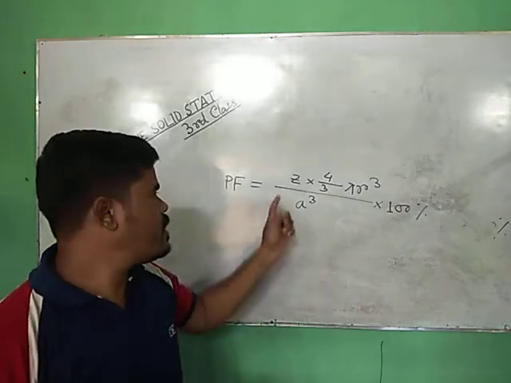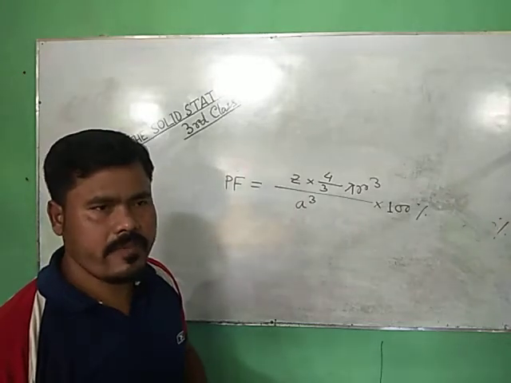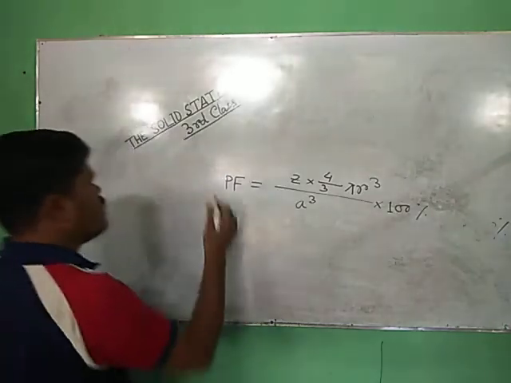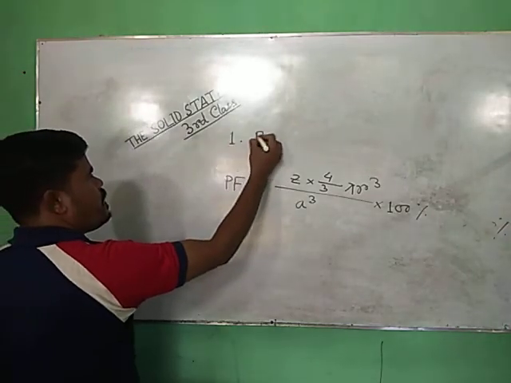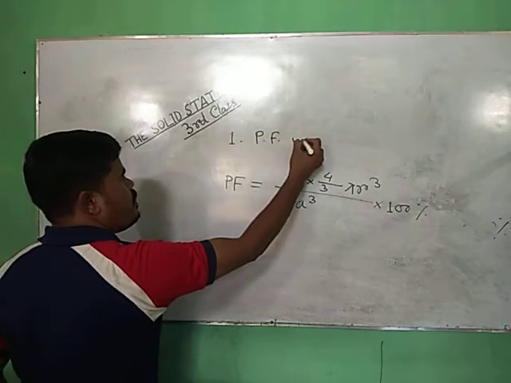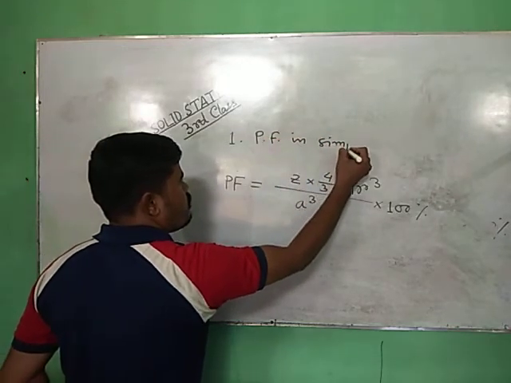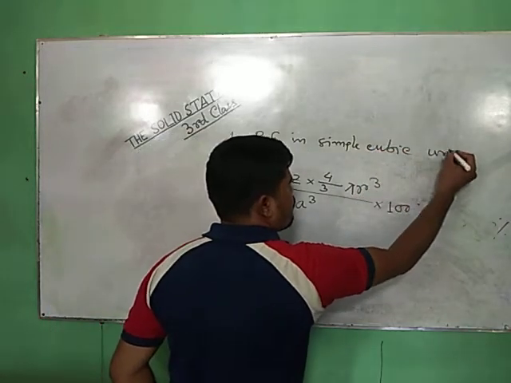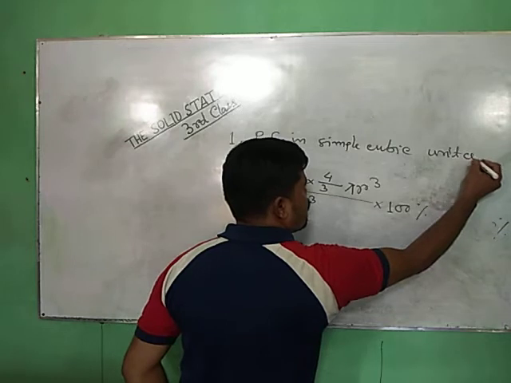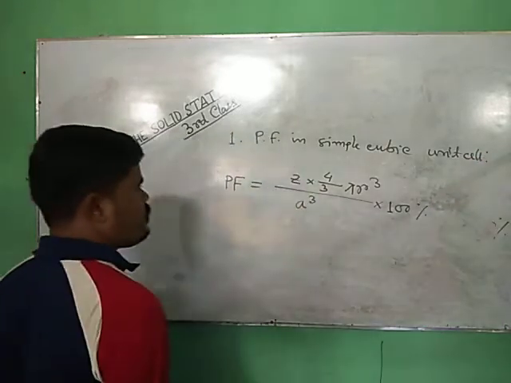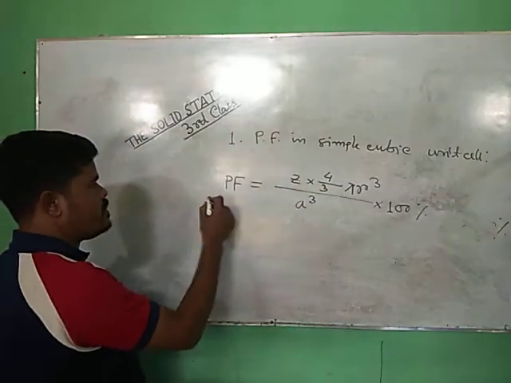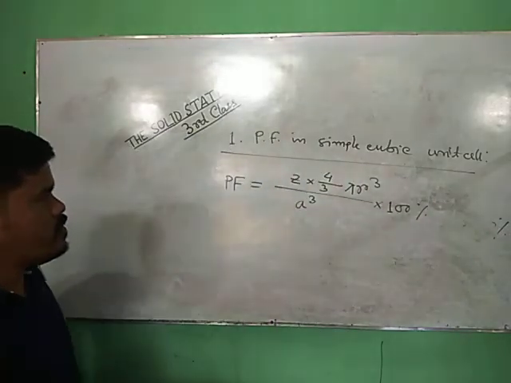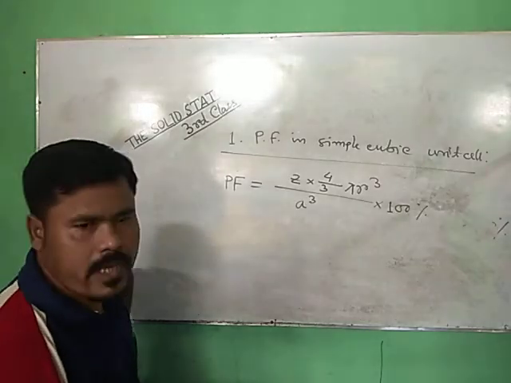So I am calculating the packing fraction. First of all, I will calculate the packing fraction in the simple cubic unit cell. See, already we know packing fraction is Z into 4/3 pi r cube divided by a cube into 100%.